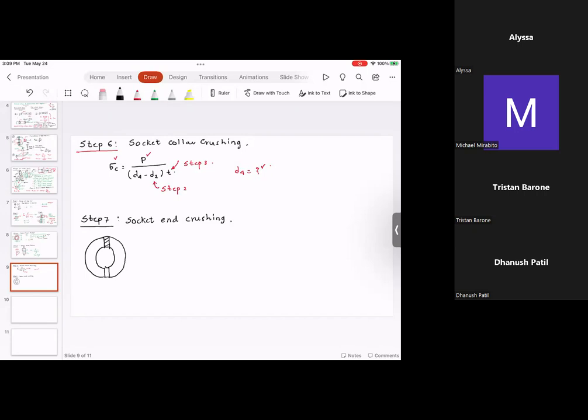So this is the area that is actually crushing, and this is T. Actually, I should have drawn this figure here. It's D4. This is D2. It's D.